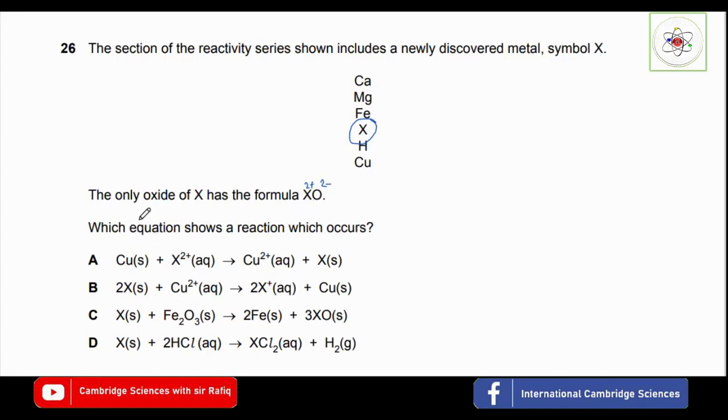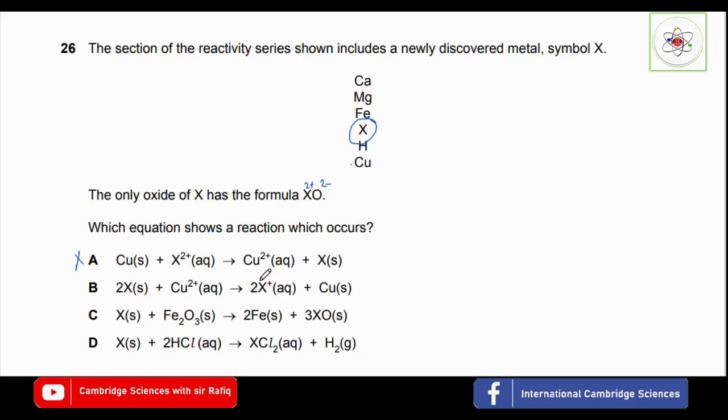So which equation shows a reaction which occurs? Copper is reacting with... So here copper is replacing X from its compound, which is not possible because copper is below X in the reactivity series, right? Now here X can displace copper, because X is more reactive than copper.